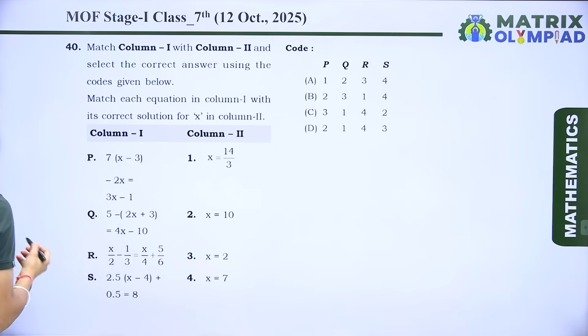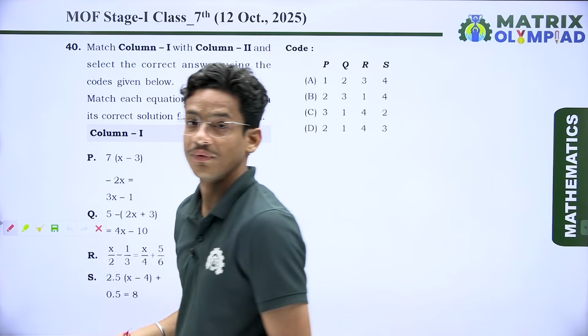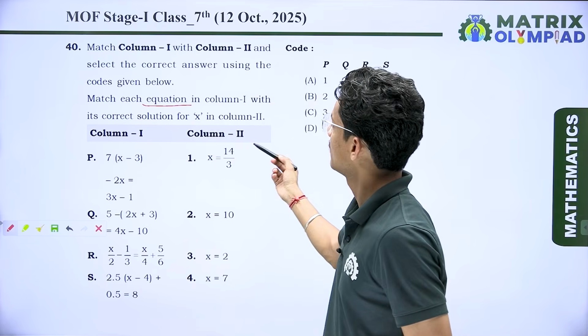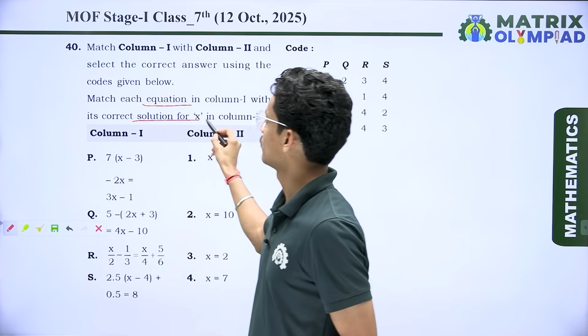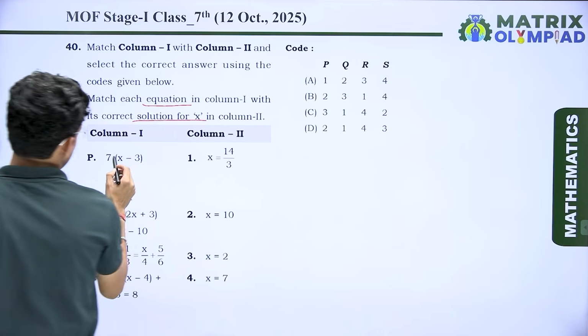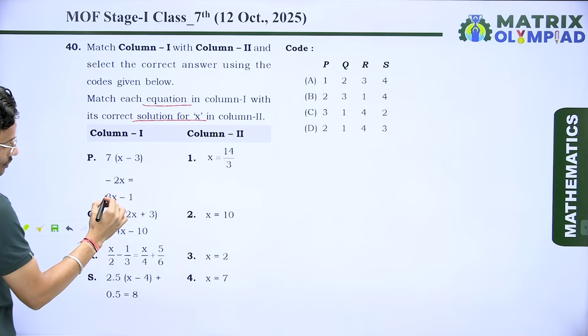Now the next question, that is match column 1 and column 2 and select the correct answer using the code given below. In column 1 we have given equations, and in column 2 we have given the correct solution for x. So P, here we have 7 bracket x minus 3 minus 2x is equal to 3x minus 1.